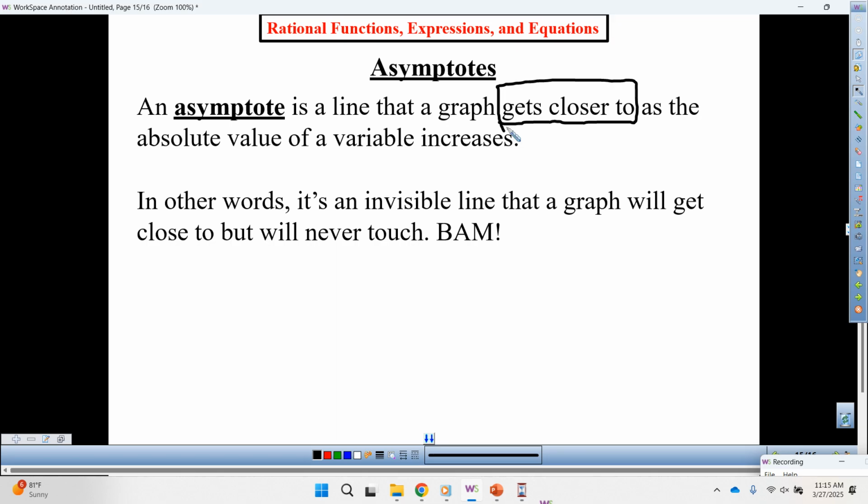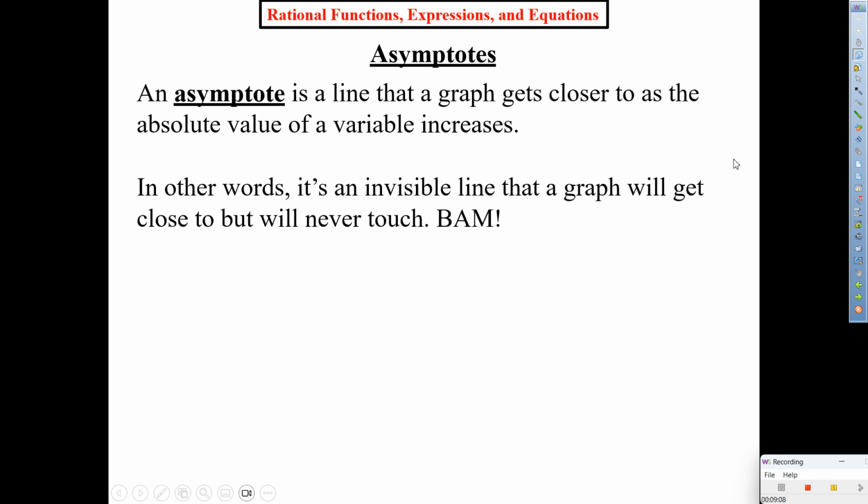It only gets closer to. So what does that mean? In my words, it's an invisible line that a graph will get close to but will never touch. Kind of like, have you guys watched Star Wars movies, right? That there's a force field around stuff and sometimes you can't penetrate that. It's like an invisible force field.